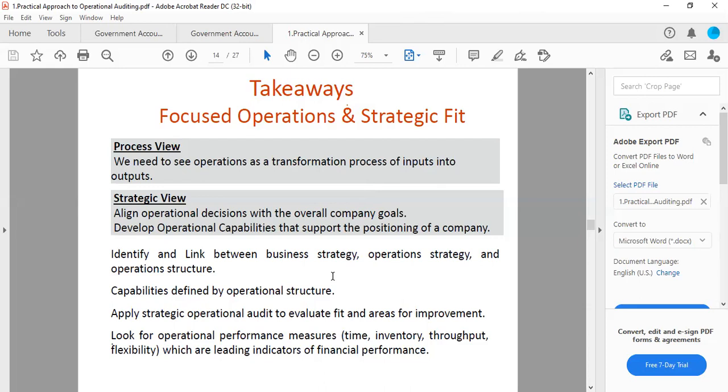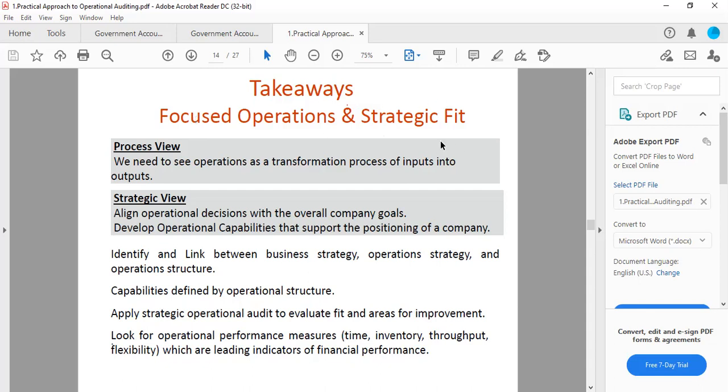So these discussions could be very well related to the first part. Focused operations and strategic fit, because this is operational auditing. Usually we focus on the operations of a certain business or client, and we're looking into how to improve those.